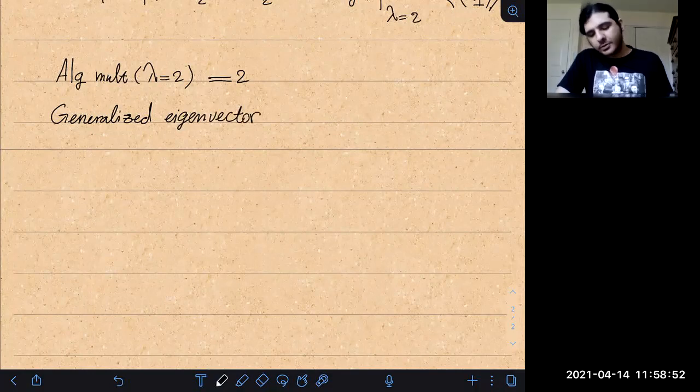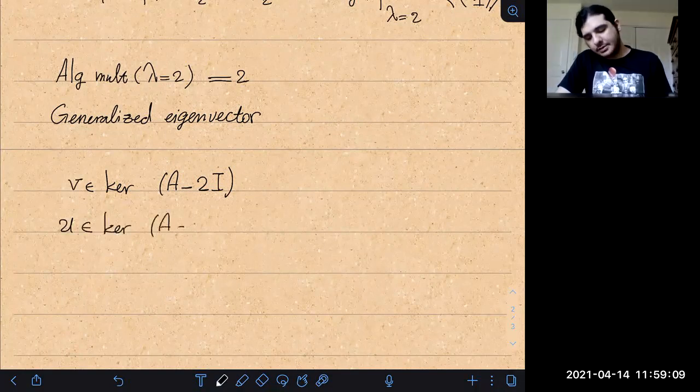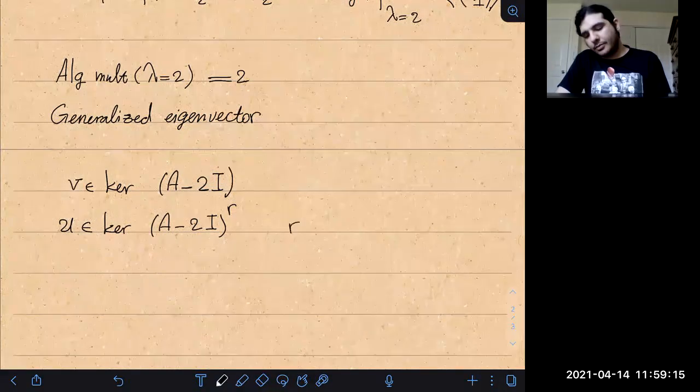The vector V which we found was in the kernel of A minus lambda I, which here is A minus 2I. A generalized eigenvector is a vector u which is in the kernel of this matrix to some non-zero power r, where r is an integer greater than or equal to 1.